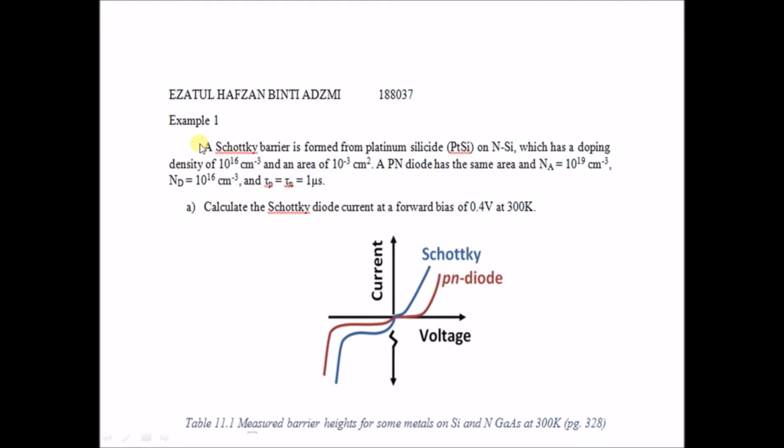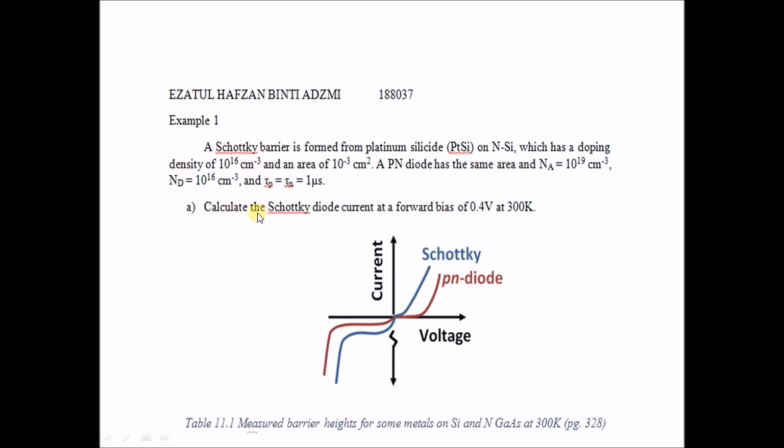For the example, given a Schottky barrier formed from platinum silicide on N-type silicon with a doping density of 10 to the power of 16 and an area of 10 to the power of -3, and a PN diode with the same area, with Na, the acceptor density, equal to 10 to the power of 19 and Nd equal to 10 to the power of 16, and a time constant for holes and electrons equal to 1 microsecond.